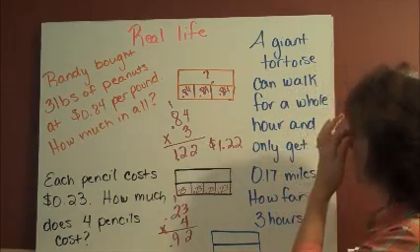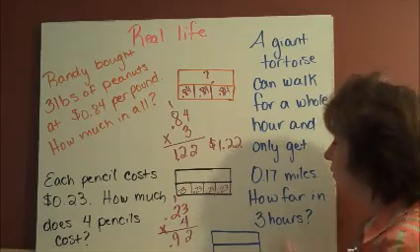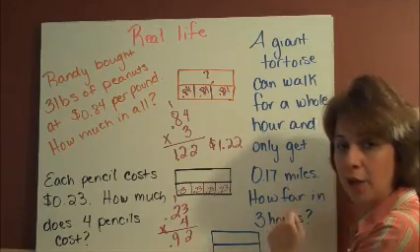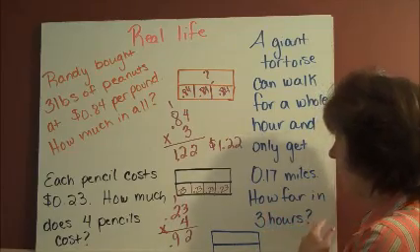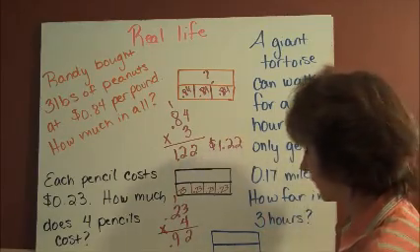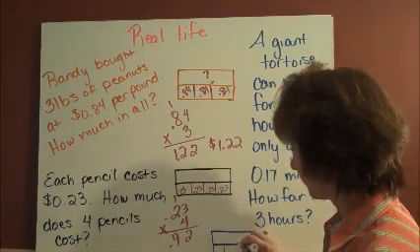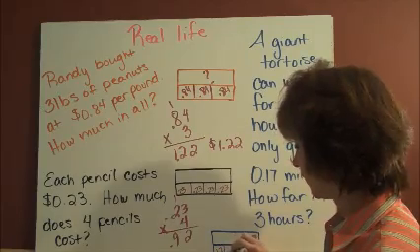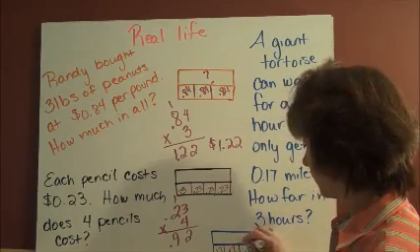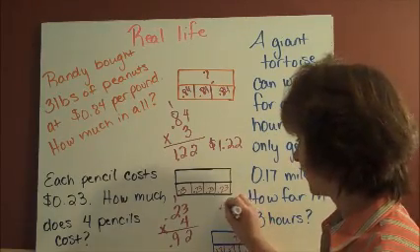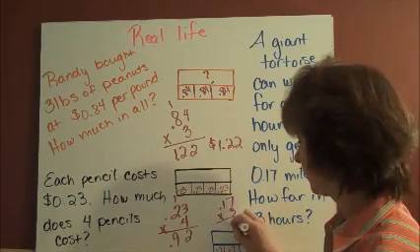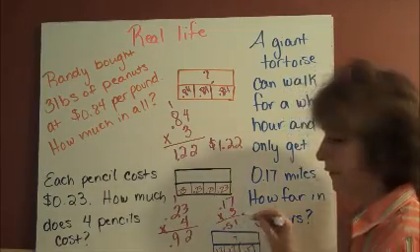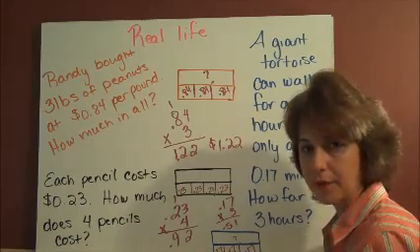A giant tortoise can walk for a whole hour and only get 17/100ths miles. How far can they walk in 3 hours? Well, 17/100ths times 3 is 51/100ths.